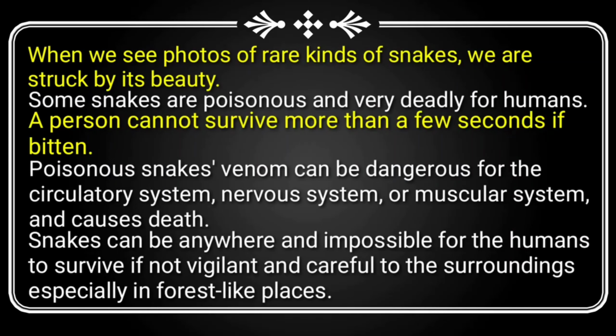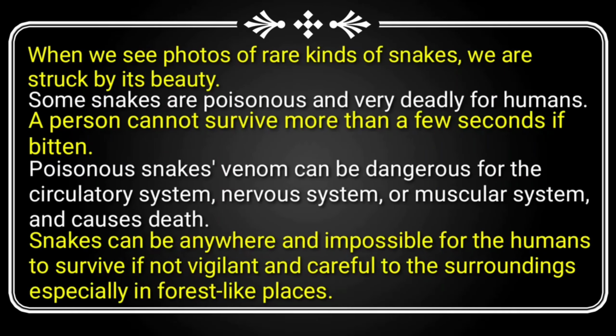Poisonous snake's venom can be dangerous for the circulatory system, nervous system, or muscular system and causes death. Snakes can be anywhere and impossible for the humans to survive if not vigilant and careful to the surroundings, especially in forest-like places.